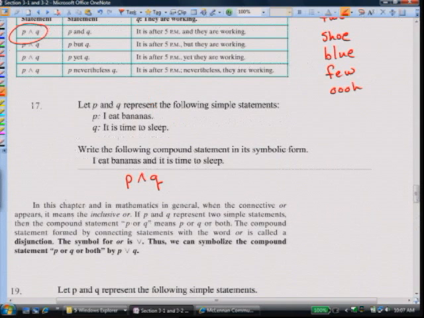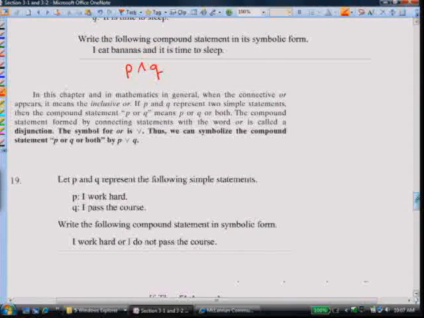Back to the laptop. I'm not being facetious. We are going to get to De Morgan's laws and logic statements and arguments, and it'll at least be interesting to see how people think carefully and clearly about the statements they're making. In this chapter and in mathematics in general, when the connective or appears, it means the inclusive or.